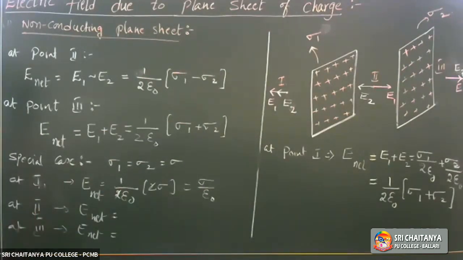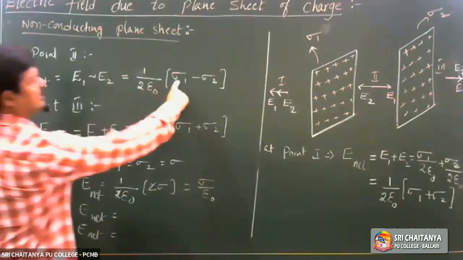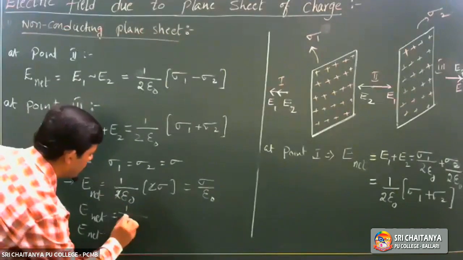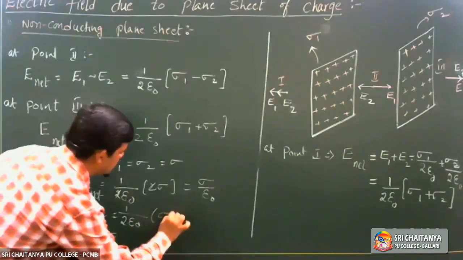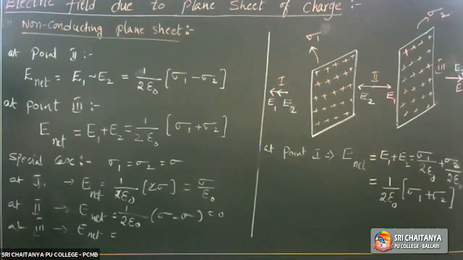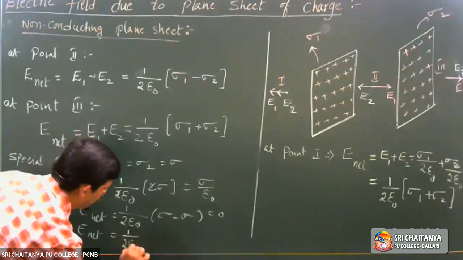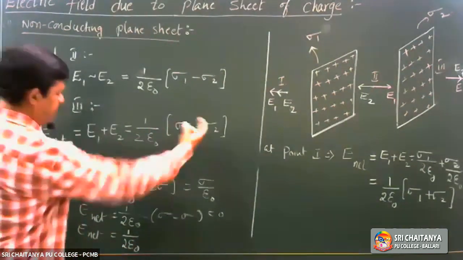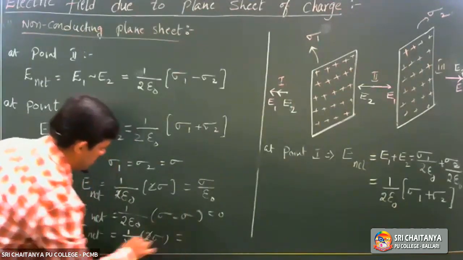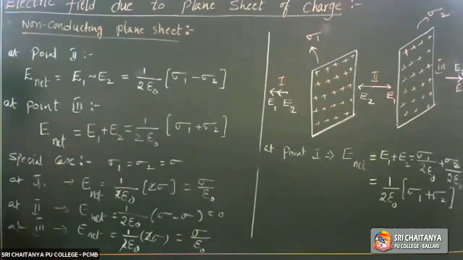At point 2, here, this is difference. 1 by 2 epsilon naught sigma minus sigma, that is 0. At point 3, again 1 by 2 epsilon naught, it is sum, 2 sigma by epsilon naught, like this.